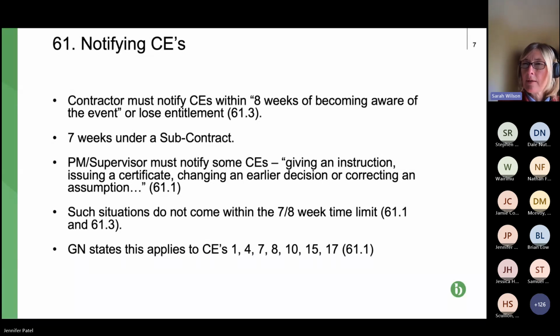So critically, that CE number 1, a change to the scope or a change to the works information, is a CE that has to be notified by the PM or the supervisor, not by the contractor. So that's some help to contractors with this killer deadline.